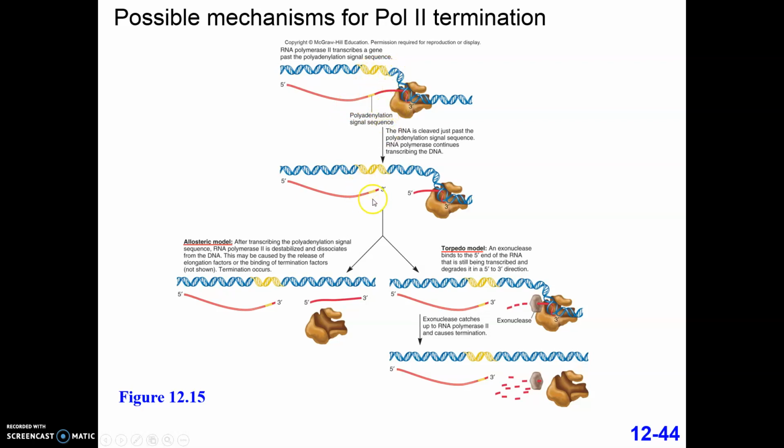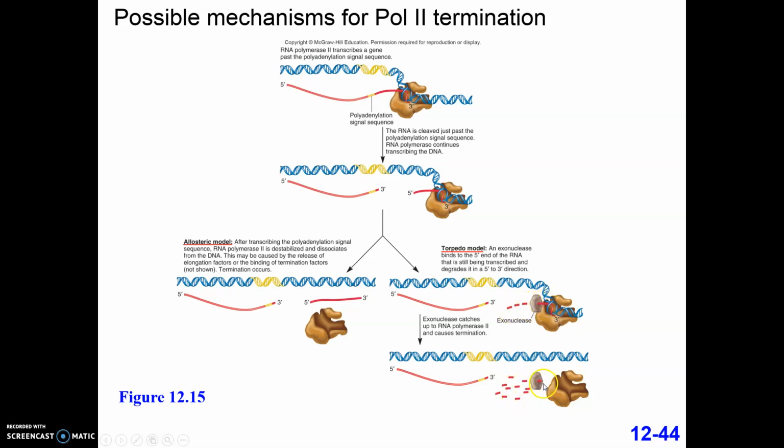Shortly downstream of that, you will get a protein that binds to the poly-A signal sequence and causes cleavage to occur. Following that cleavage, one of a couple of things seem to happen. Either it being cleaved destabilizes the entire complex and it just disassembles, or you can have an exonuclease that starts chewing up this unneeded piece of RNA that is still being transcribed.